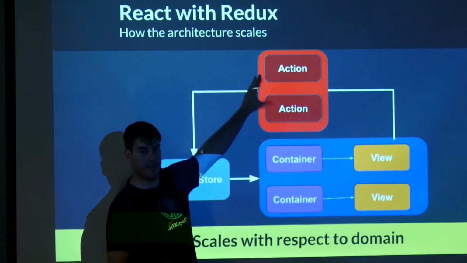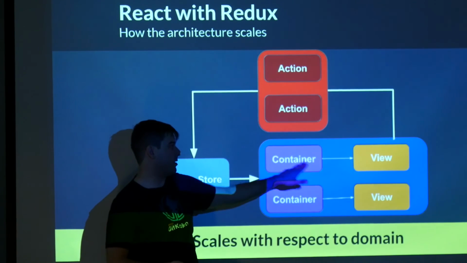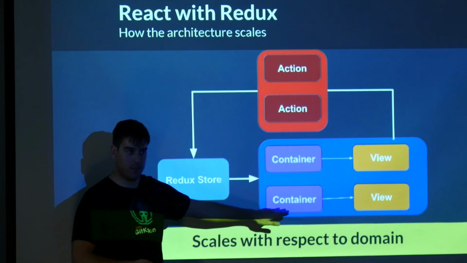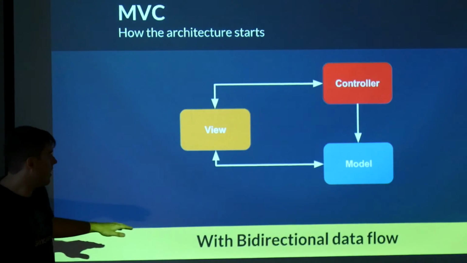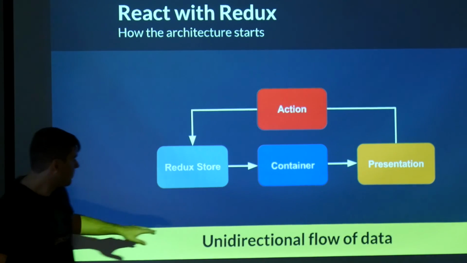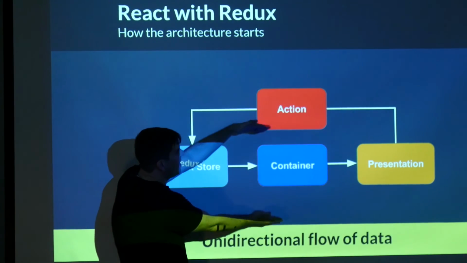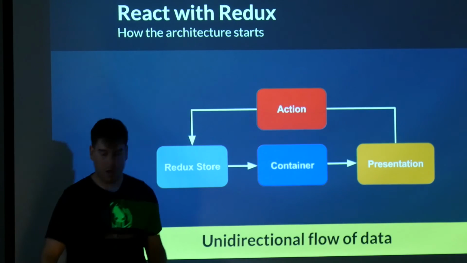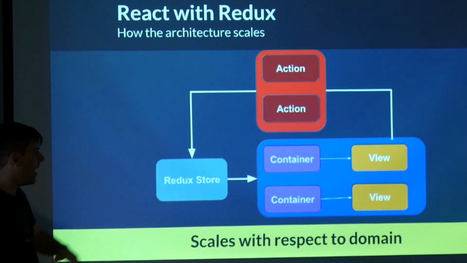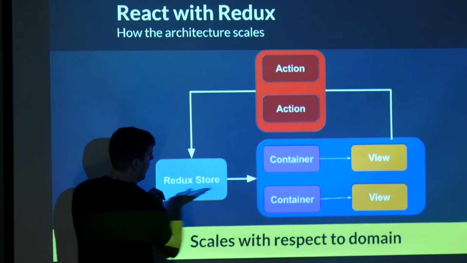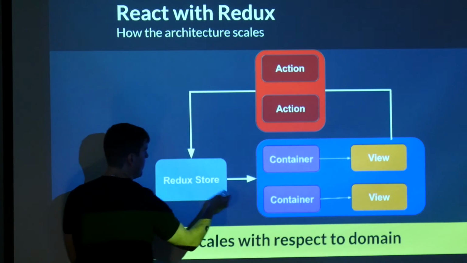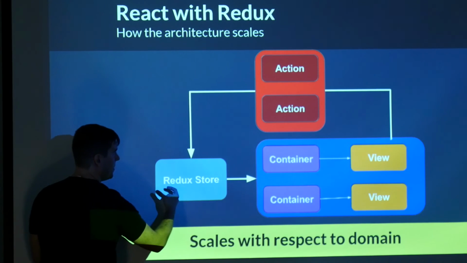Now say we have two sets of actions as well. So we have actions corresponding to this domain and actions corresponding to this domain. But you'll notice that even though we've scaled out a bit, all we've done is we've grown here and we've grown here. But we haven't really changed the number of connections to the Redux store, because we're just reading once from this, right?